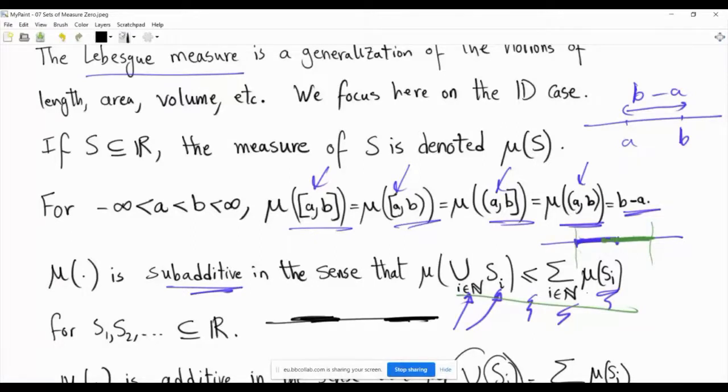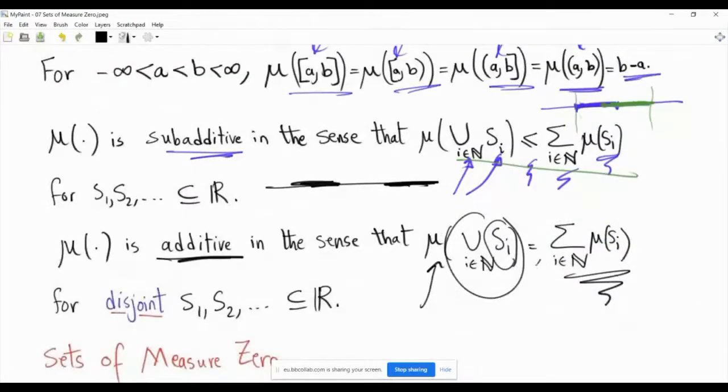For an interval from A to B, the Lebesgue measure, the length, is simply B minus A. The measure function, if you apply it to a union of sets, gives you something that is less than or equal to the sum of the measures. And if the sets are disjoint, then you get the sum. So this inequality will become an equality.